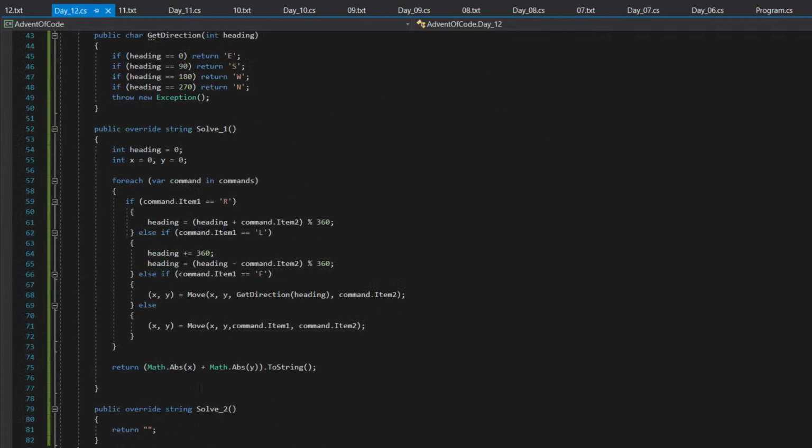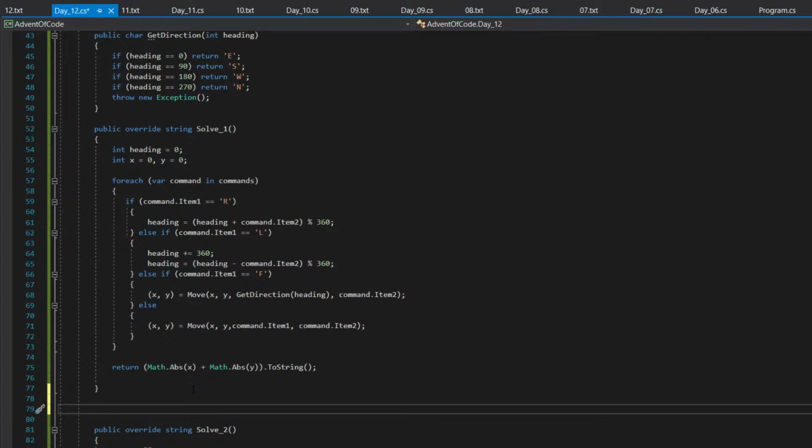So let's see, we need a calculation for moving it along this circle. So we need to get the distance between the ship and the waypoint, which is just that Manhattan distance.